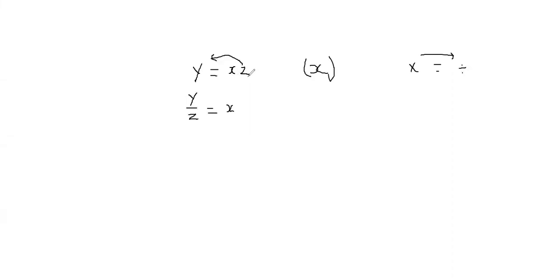So these two are products. Whenever we get rid of something that was a product, we need to take it over, and when we take it over, it divides. And the same thing happens when something is divided: we take it over, it needs to multiply. So we're getting rid of Z, taking it over the equal sign, and it needs to divide Y. So that's all.